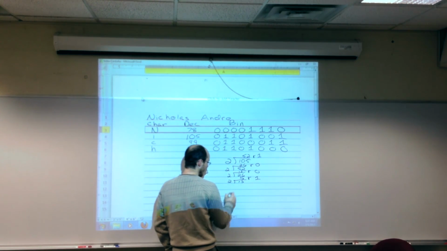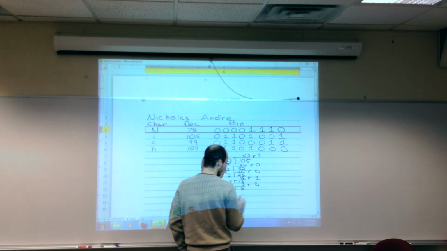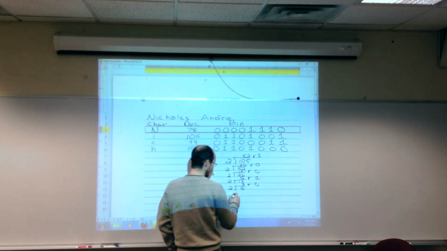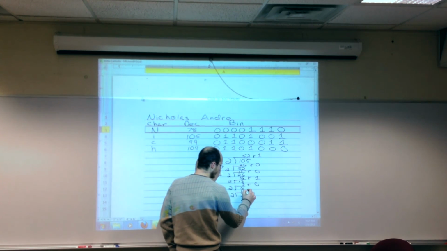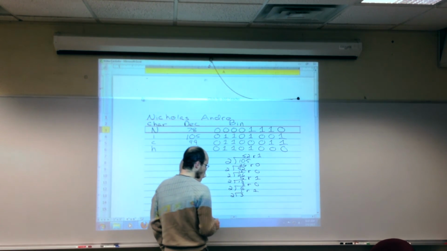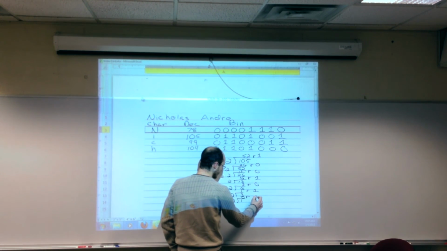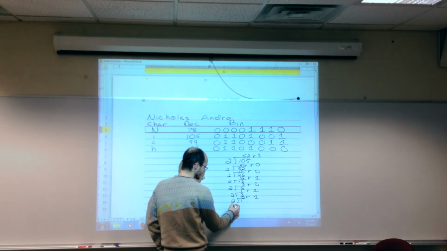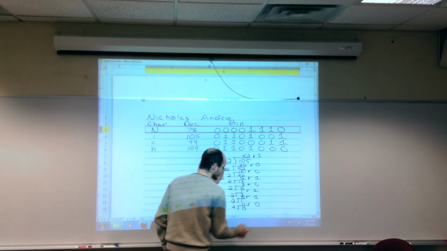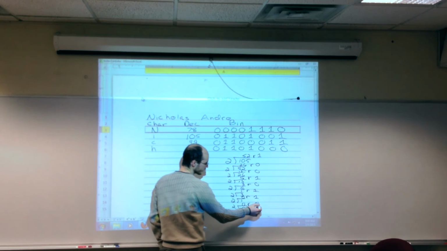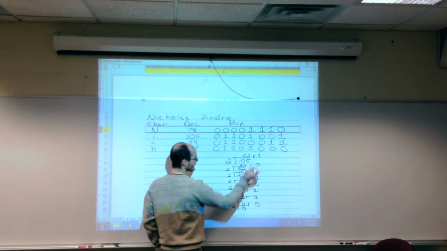Yep. And you took 6 divided by 2, and you get 3 remainder 0. Yep. And then you took 3 divided by 2, and you have 1 remainder 1. Yep. And then you took 1, divided that by 2, and you get a 0 remainder 1. And then you took the 0, divide that by 2, and you get 0 remainder 0. So you have 0, 1, 1, 0, 1, 0, 0, 1.